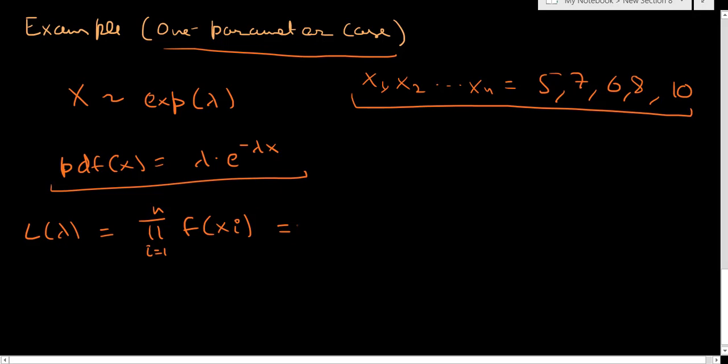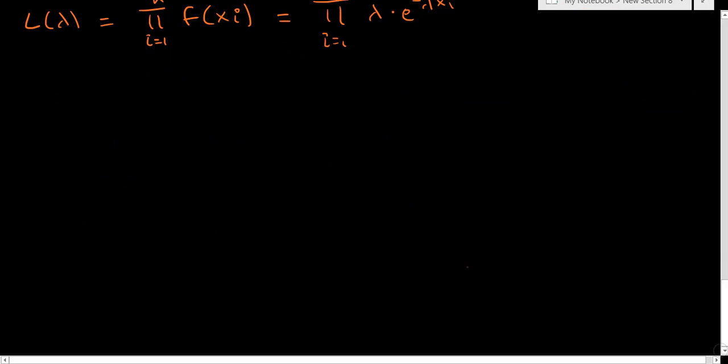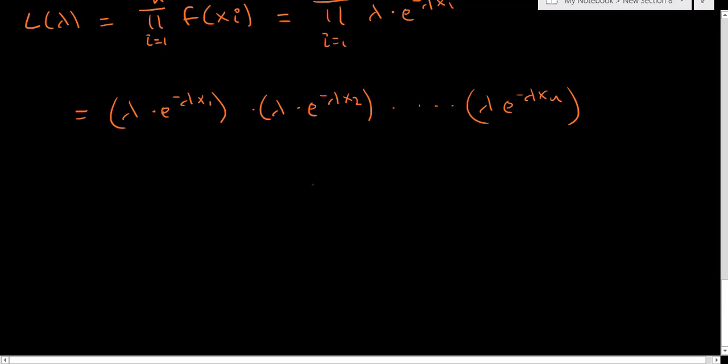So this would be the product for i going from 1 to n of lambda e to the power of minus lambda xi. Now we'll just multiply this n times. So it would be lambda into e to the power of minus lambda x1 into lambda e to the power of minus lambda x2, going up till lambda e to the power of minus lambda xn.